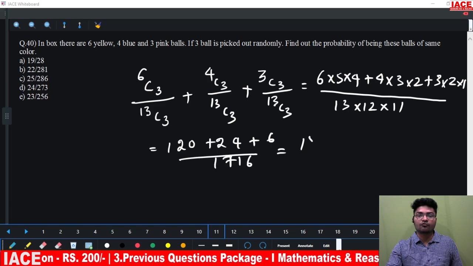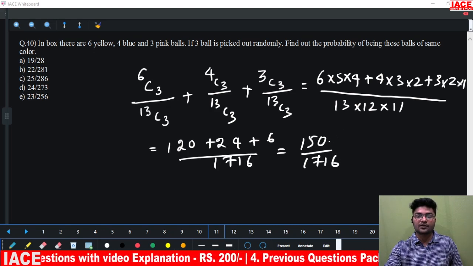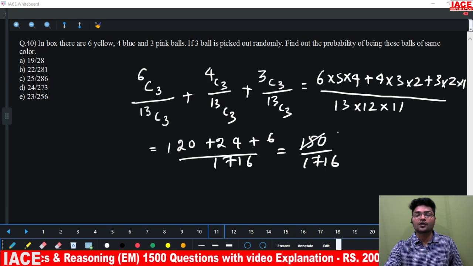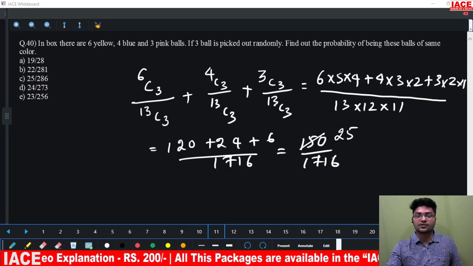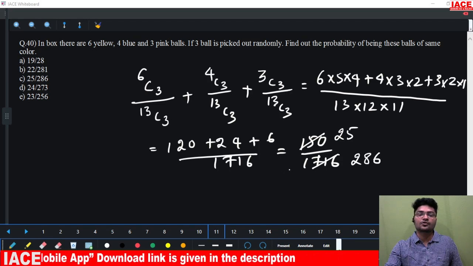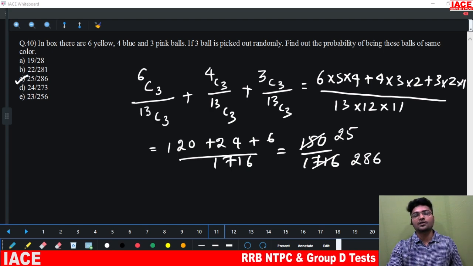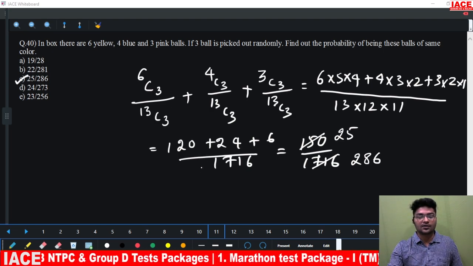This is 150 divided by 1716. I can divide by 6. This is 6 into 25 and this is 6 into 286. So 25 by 286, that is our option C. Option C would be our correct answer.